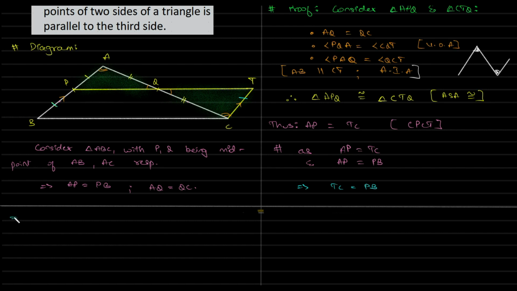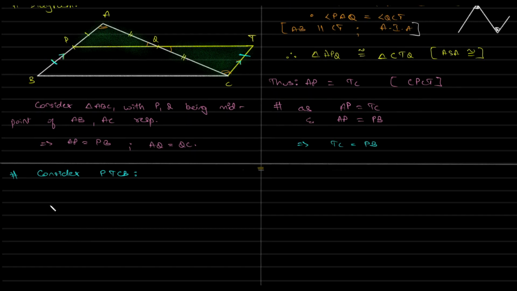Let me write it out. Consider PTCB. Since we have a pair of sides being equal and parallel in this particular quadrilateral, what can we conclude? As PB is parallel to TC and PB is equal to TC, PTCB is a parallelogram.